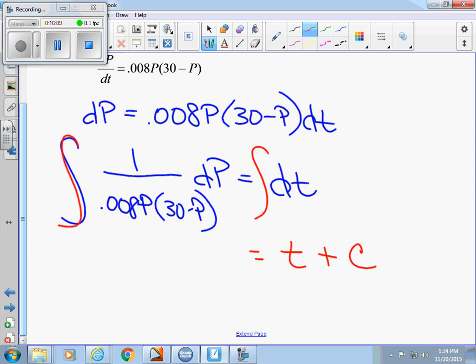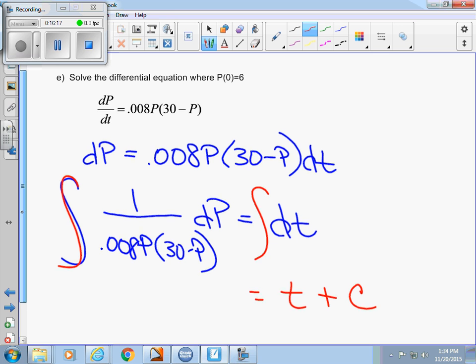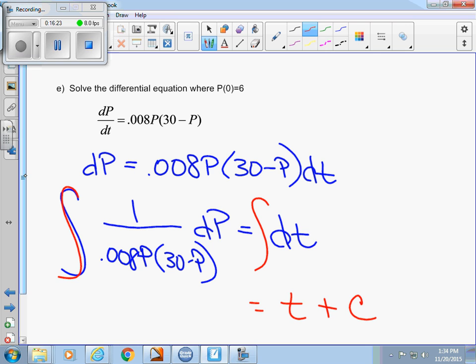We have to do the partial fractions. I think the only way to do it is partial fractions. To do multiplication, we have a product rule for integration, but for this it's always partial fractions.